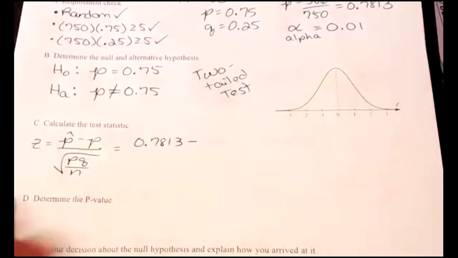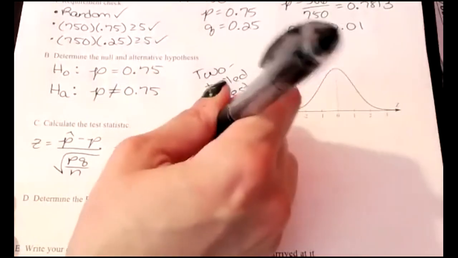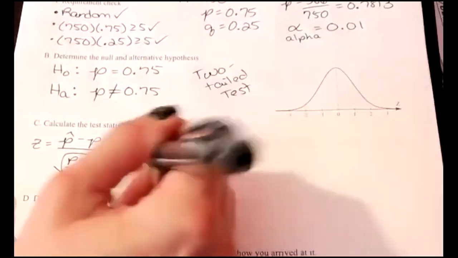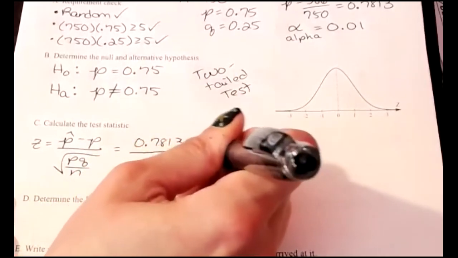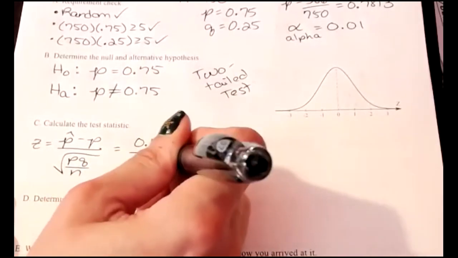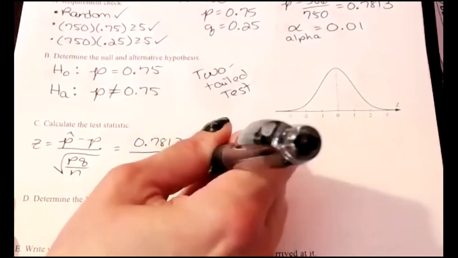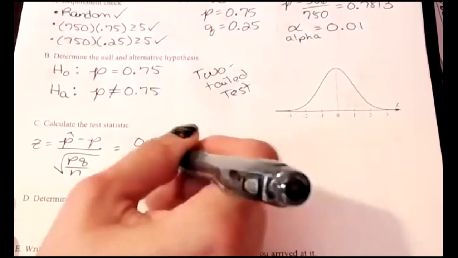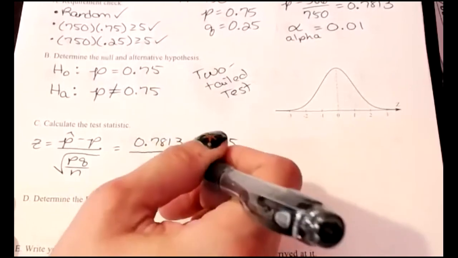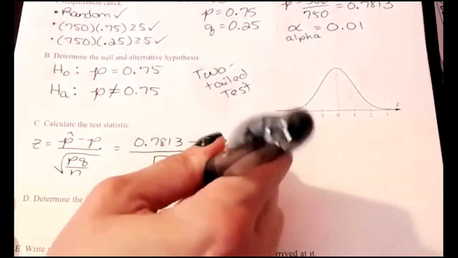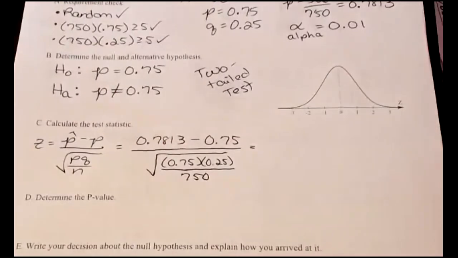Go through this whole process and then tell me your Z-score when you have it. I'm just going to fill this in as you work through this in your notes.